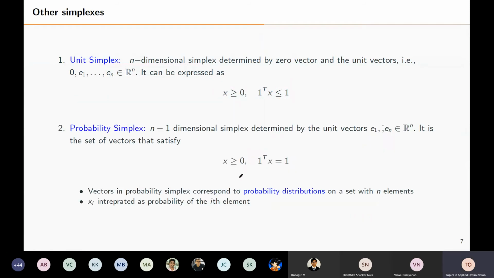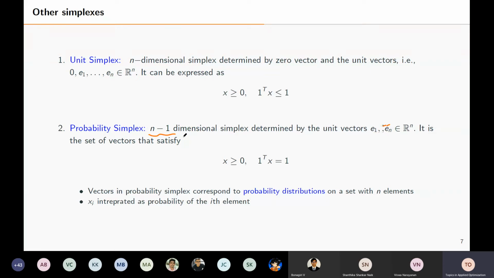Then there is something called the probability simplex. This may show up in some examples that require models of optimization problems with some probability involved. This is called robust programming or stochastic programming, and sometimes they have noise in the data, so you have to use some probabilistic ideas. So there is something called the n-1 dimensional simplex determined by unit vectors e1 to en.